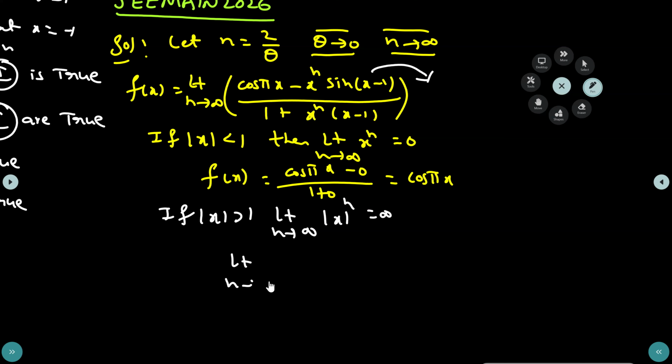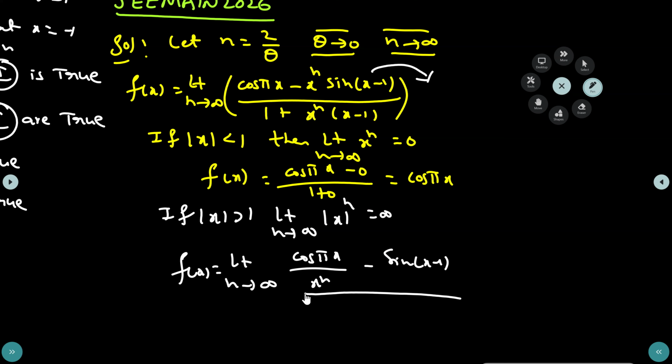Then again you can write f of x is equal to limit n tends to infinity cos pi x by x power n minus x power n by x power n gets cancelled, sin of x minus 1, by the denominator you get 1 by x power n plus sin of x minus 1.